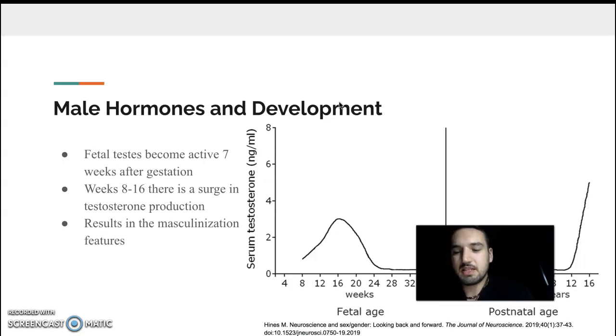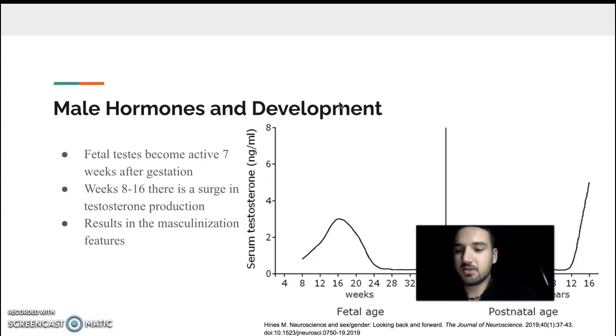And then on the right side, we see the postnatal ages. So we see low serum testosterone levels from years 1 through 12. And then finally, once the males reach puberty, we see a ginormous increase in serum testosterone levels, almost double that we see in the fetal age.